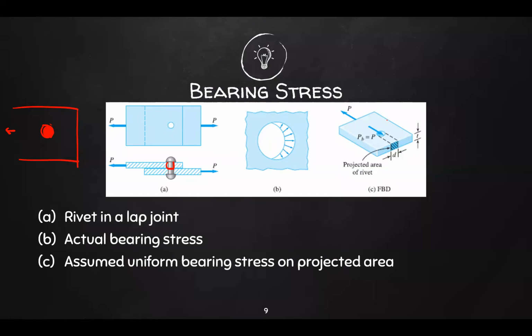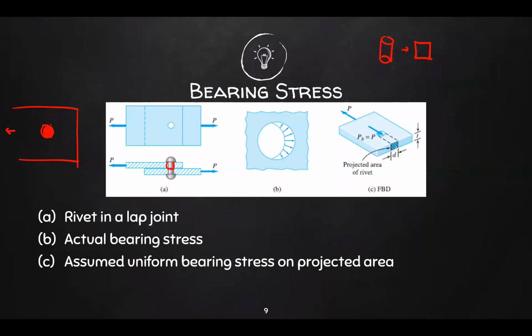To do that, imagine your hole is circular and has uniform thickness. So that's basically a cylinder. If you look at this from the front, it looks like a rectangle, and that is the projected area that we need. So this cylinder is projected as a rectangle.